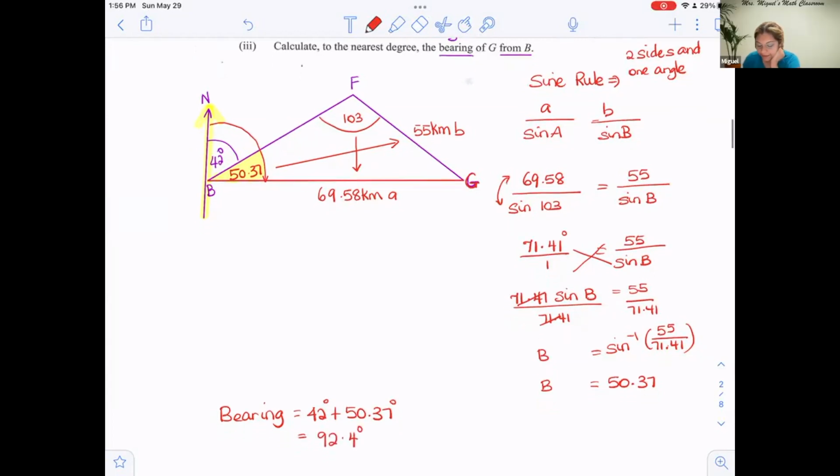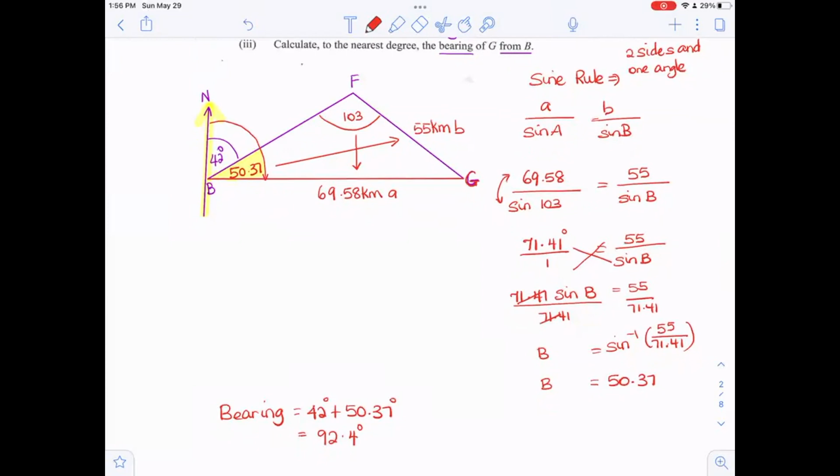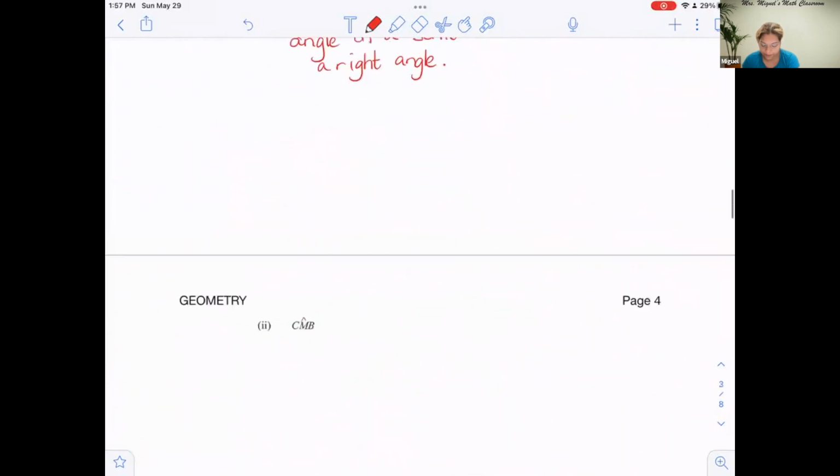Who could confirm that? Yes. All right. So remember, you are solving triangles. You must be able to work out the triangles using the cosine and the sine rule. The information in the question will tell you which of the two rules you are going to use. So we're going to try one more, then we're going to take a short break and we're going into the next question, right?